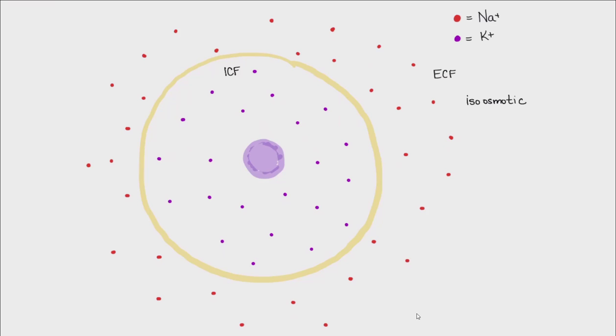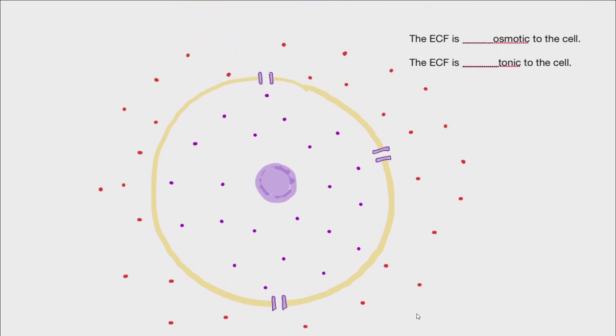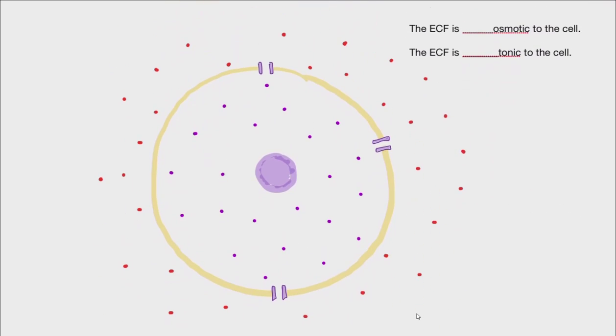And so based on this drawing, you might say, well, there's no net movement of water because the concentrations of everything are equal. But what if I tell you that I put in a bunch of potassium channels? These are going to be channel proteins specifically for potassium. Now we have a solute, potassium, that is allowed to move across that membrane, where sodium is not.